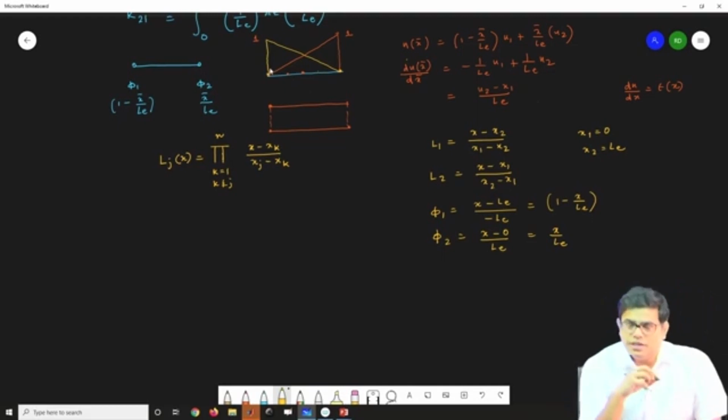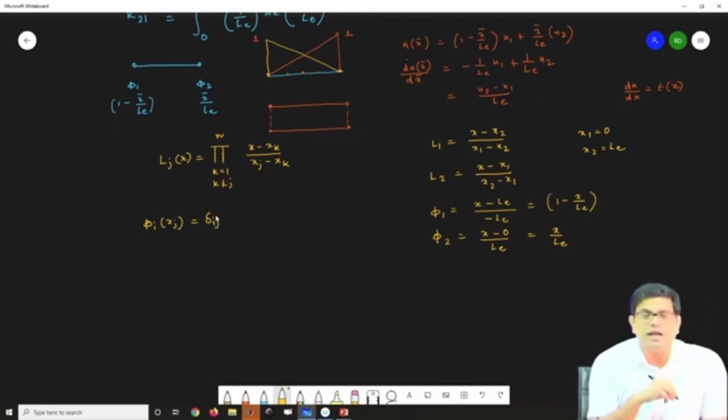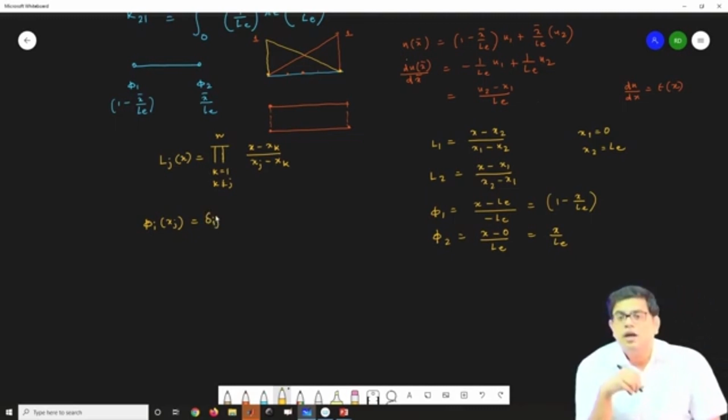What do I mean by interpolating polynomial? If I take phi i at any node point xj, it satisfies the delta ij property, sometimes known as the cardinal property or Kronecker delta property.